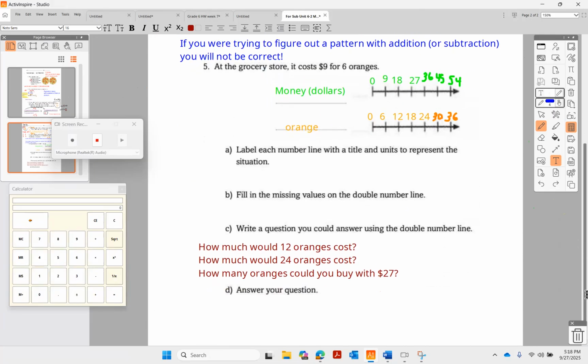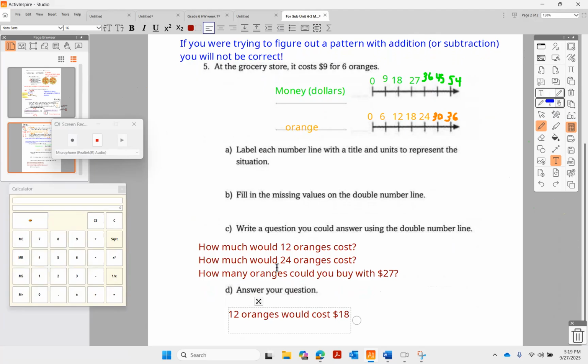Answer your question. So my first one would be 12 oranges. That's the 6, 12. That's the second tick line, or actually third if you count 0, would correspond to 18. So that's it. 12 oranges would cost $18. How much would 24 oranges cost?